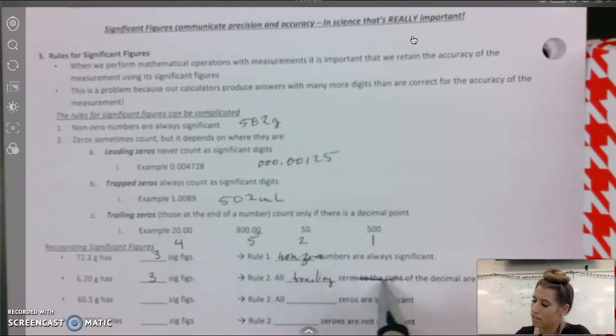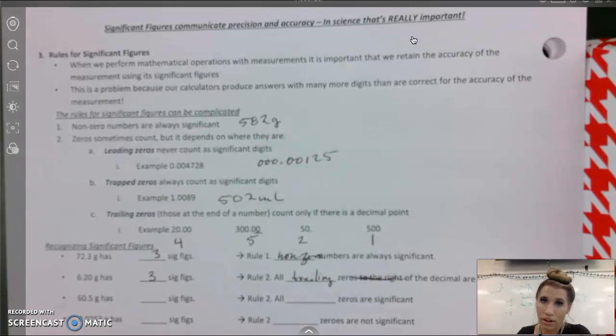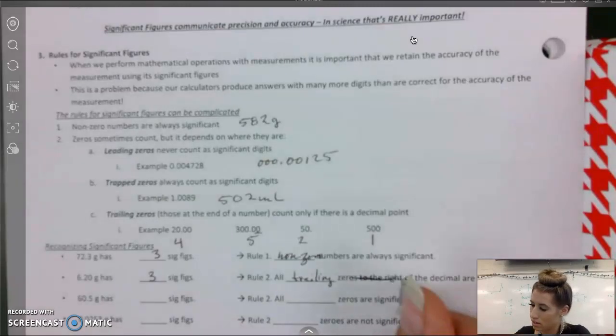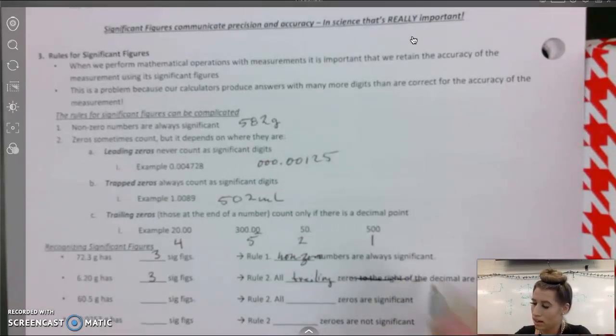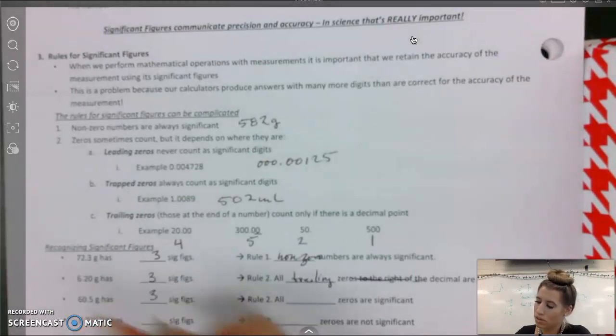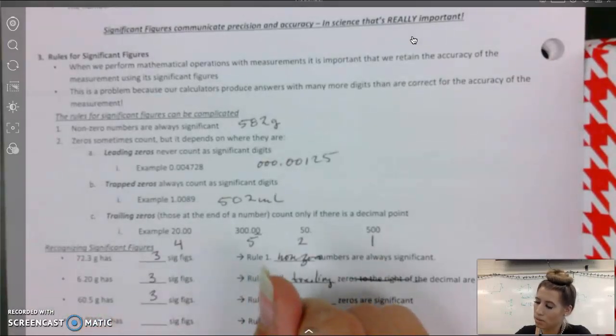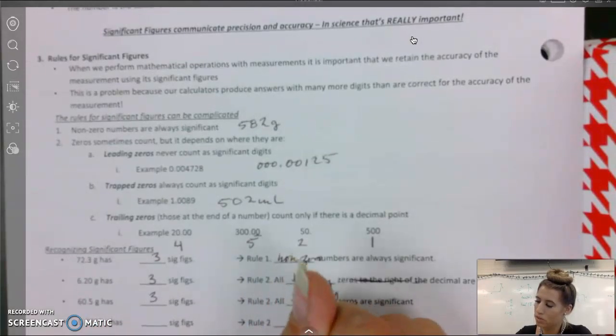I mean, it is in this situation to the right of the decimal, but it doesn't matter in general. Numbers with trailing zeros that contain a decimal are significant. Okay. Now here we have 60.5. Well, that's 3 as well because all trapped zeros are significant.